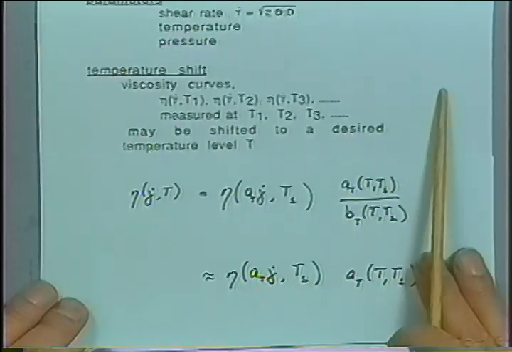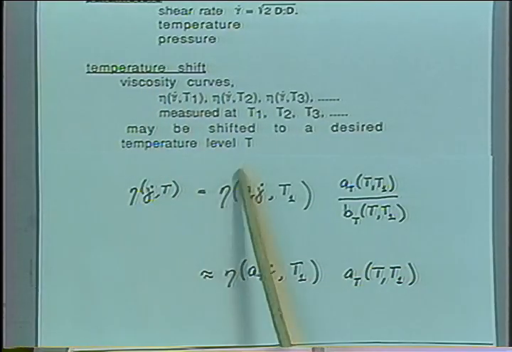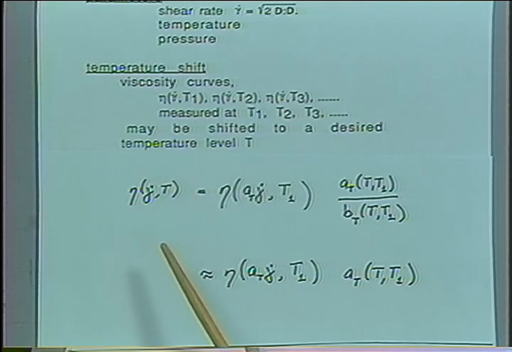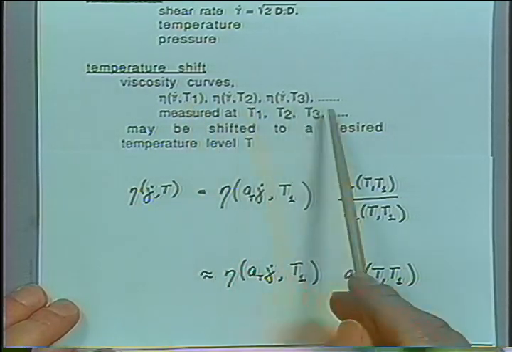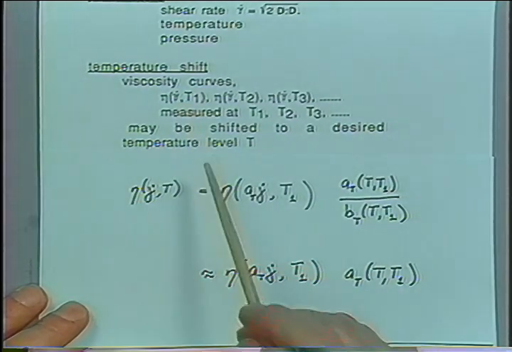And this is really the next subject here. So if we measure viscosities at different temperatures, viscosity curves as a function of shear rate, we perform shear experiments at different rates. And then we do this at temperature T1, at temperature T2, and temperature T3 at isothermal conditions in each case, but over a wide range of shear rates.